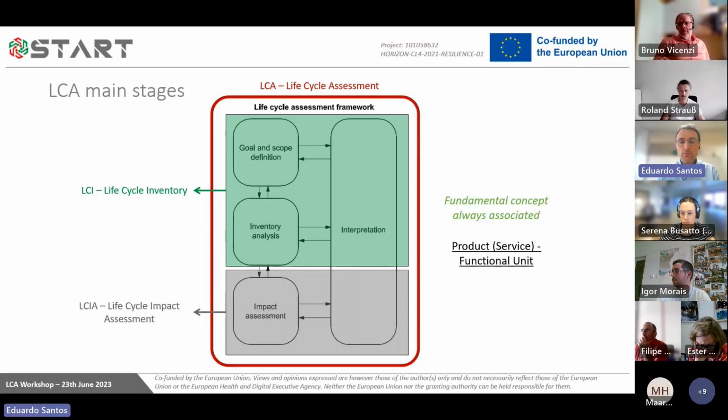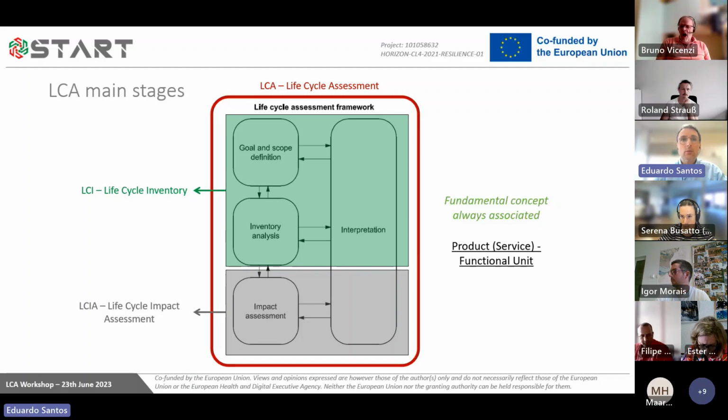And as I told you, we need to do that related to a functional unit. So the functional unit is probably the most important concept in the LCA methodology. So whenever we will be doing an LCA, we'll be accounting for inputs and outputs, so energy, mass, all of that. But that has to be related to a unit of a given function that the product that we are doing provides.